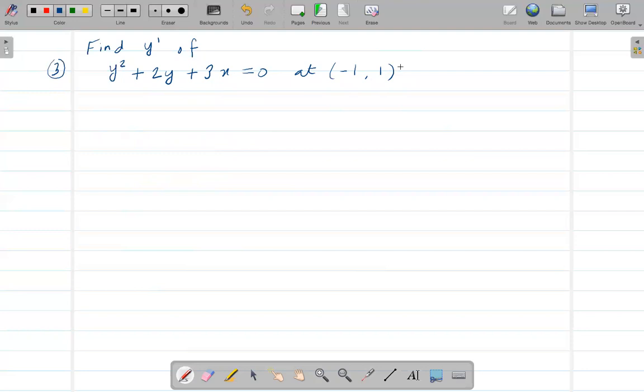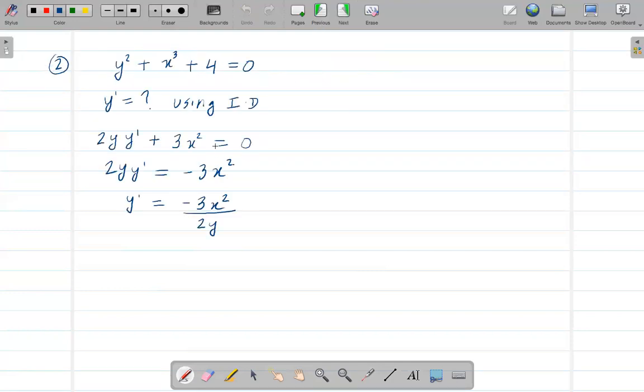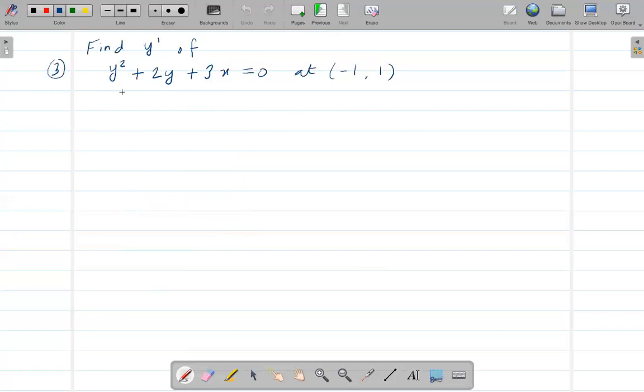Now we need to find the exact value of y prime. If you look at the previous one, all it was asking was to find y prime, and we found y prime, which is a certain equation. Here, we need to find y prime first.